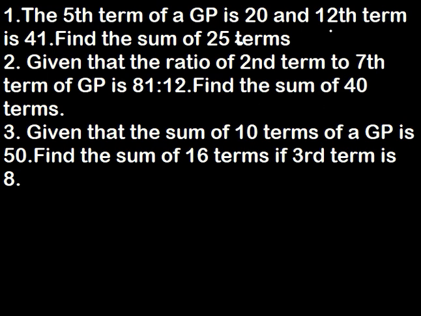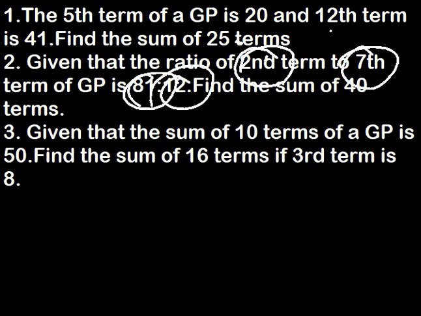So what is the message being depicted here? In this case, the second term is given as 81, then the 7th term is given as 12. Then you will be able to have the sum of 40 terms in that way.